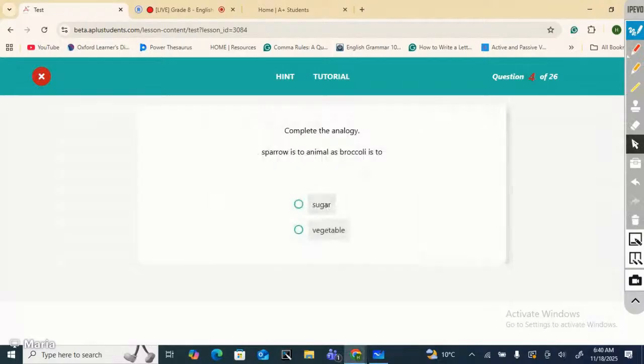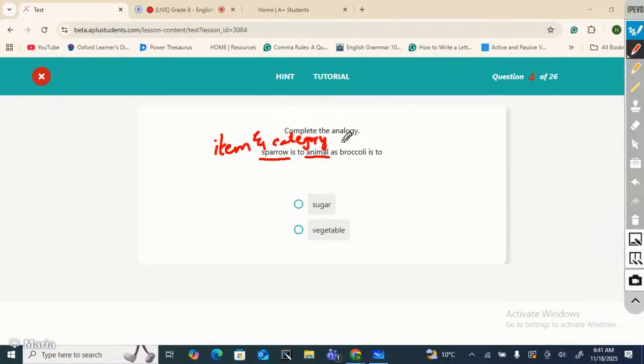Sparrow is to animal as broccoli is to sugar or vegetable. Well, sparrow is the name of a certain animal. So, item and animal is category.